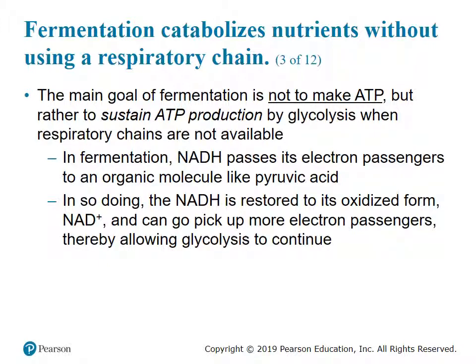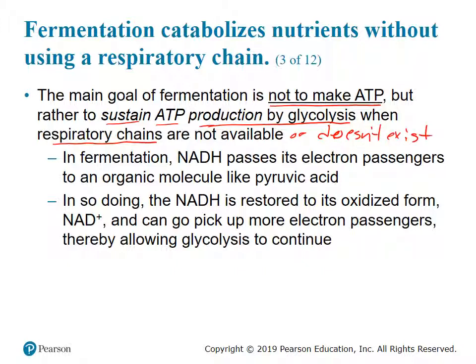So here's the goal of fermentation. It's not really to make ATP. Fermentation's main goal is not production of ATP. It's actually to sustain ATP production by glycolysis when the respiratory chain is not available or doesn't exist.